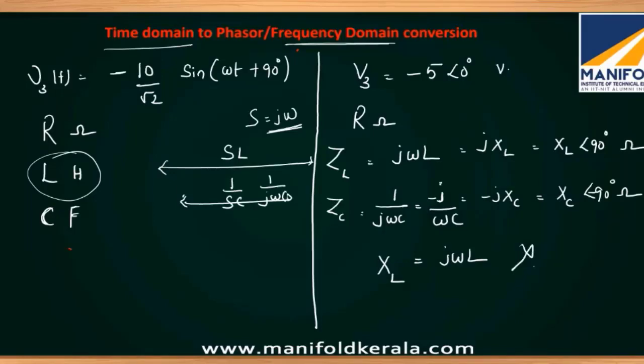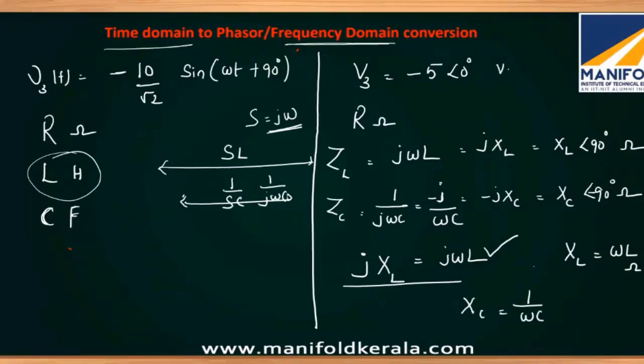Remember, XL only means omega into L, so many ohms. If there is jXL, then j omega L is the right option. And XC is simply 1 by omega C. Minus jXC means minus j by omega C, so many ohms.